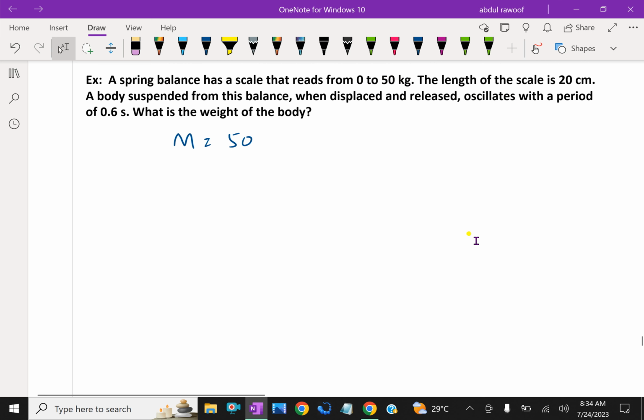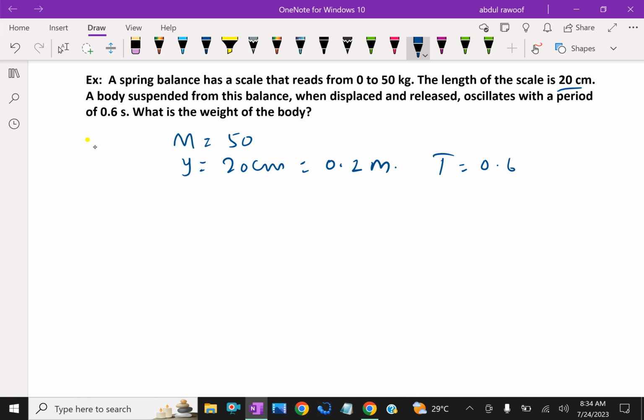The length of the scale, that is y, equal to 20 centimeter, which is equal to 0.2 meter. And the body is suspended from the balance. When displaced and released, it oscillates with a period of 0.6. Time period T equal to 0.6 second. What is the weight of the body?